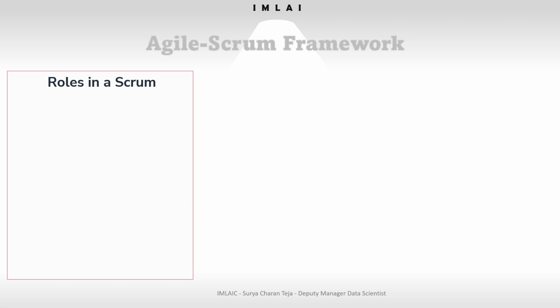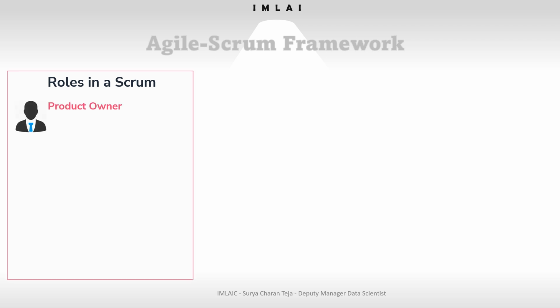Scrum is carried out by small groups of 7 to 9 persons who include a Scrum master and a product owner. So now let's look into the various roles in a Scrum.